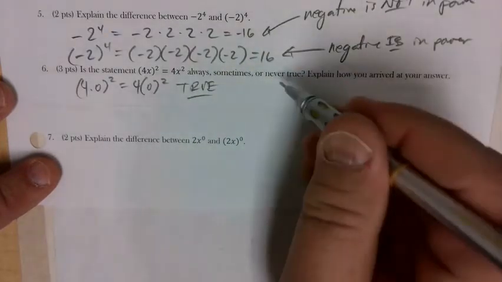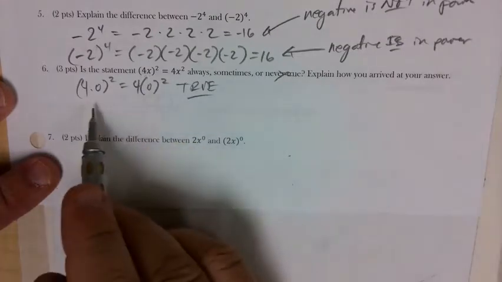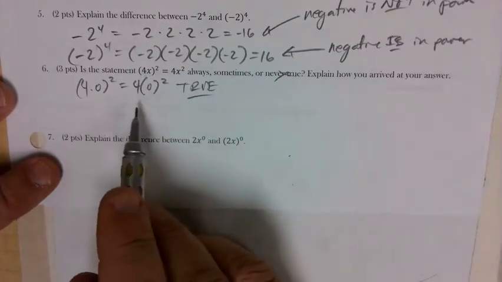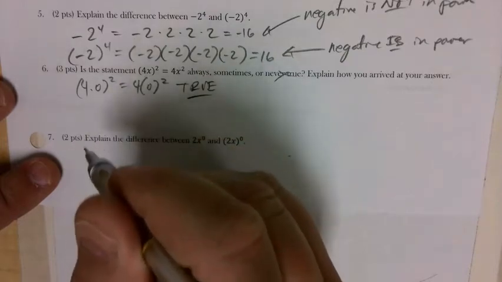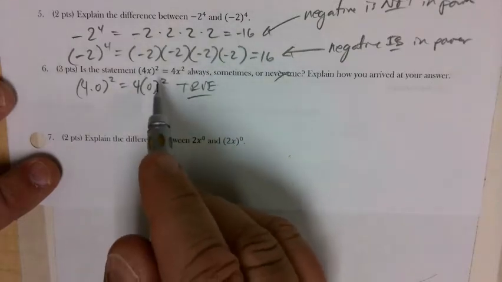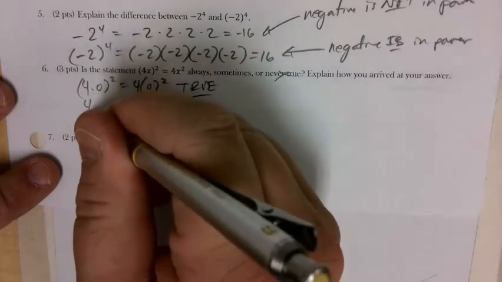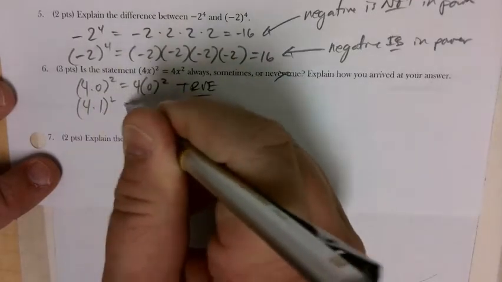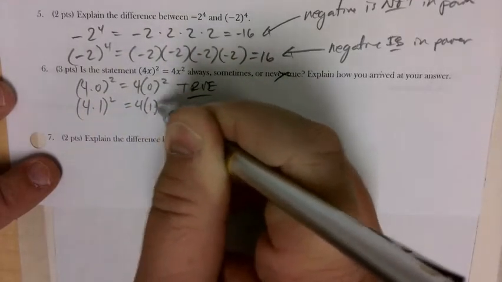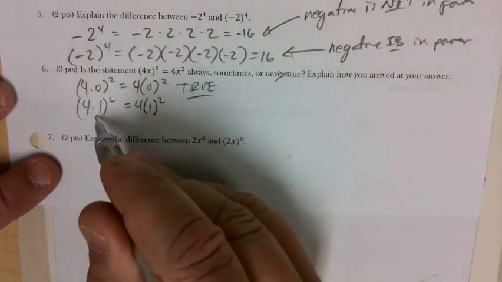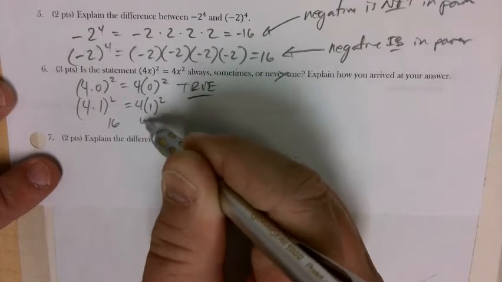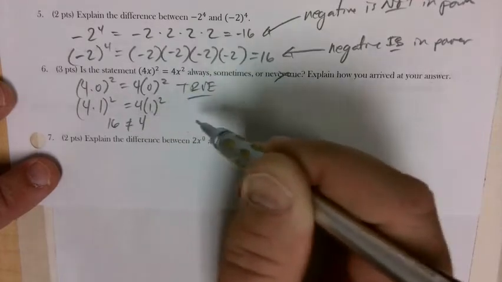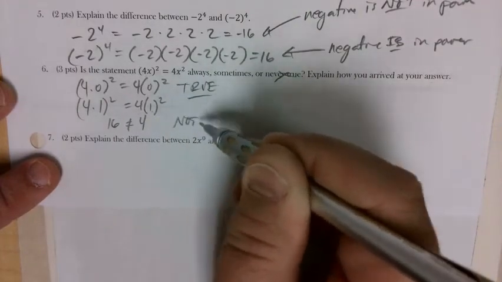Okay, so never true, that's not there. What if I put another number in it, like, I don't know, a 1? Well, if I put a 1 in there, 4 times 1 squared equals 4 times 1 squared. 4 times 1 is 4. 4 squared is 16. 1 squared is 1. 4 times 1 is 4. 16 doesn't equal 4, so not true.